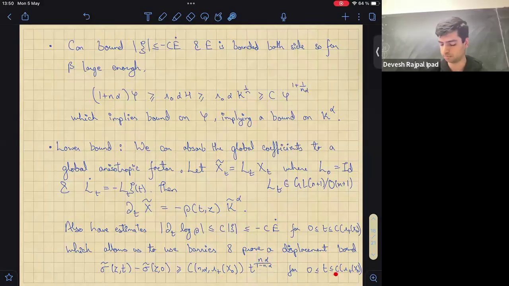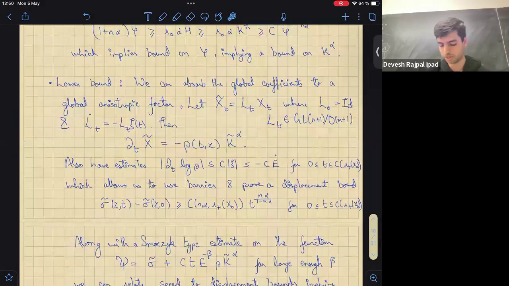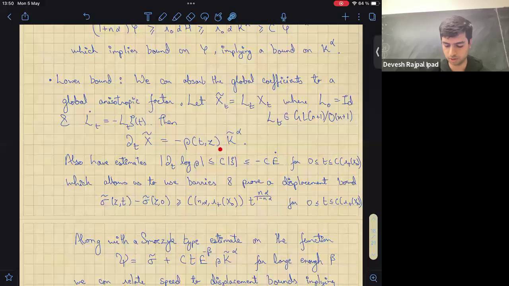And it will be true for some time bounded by a constant depending on the circumradius. This is a fairly standard barrier argument, because we had control on the anisotropic factor too.